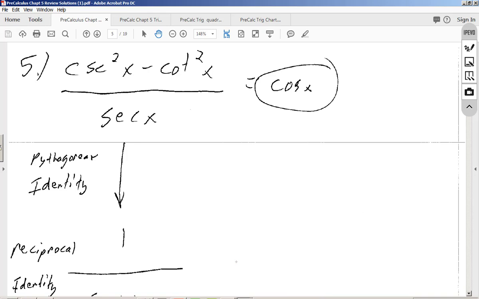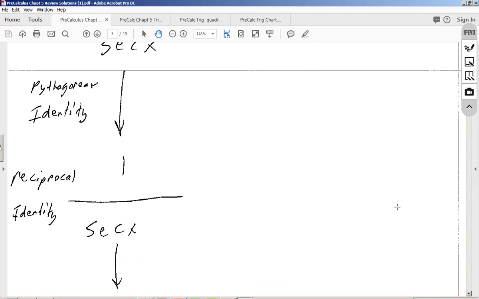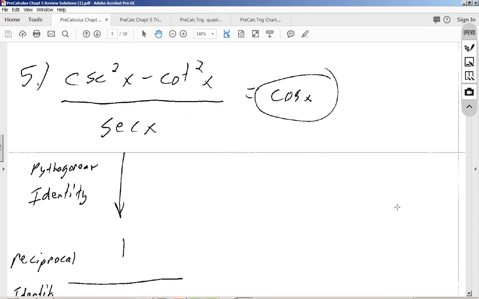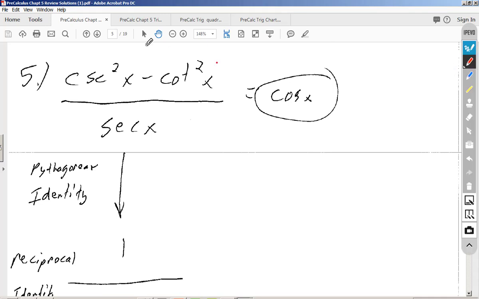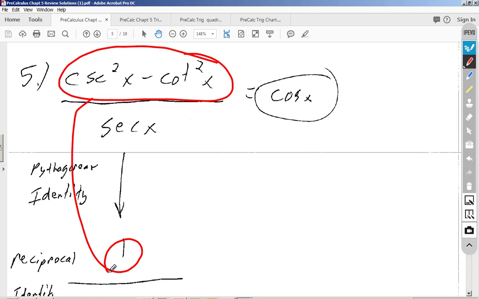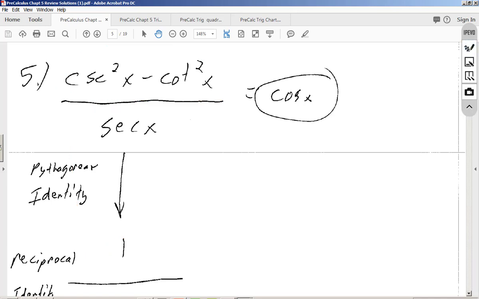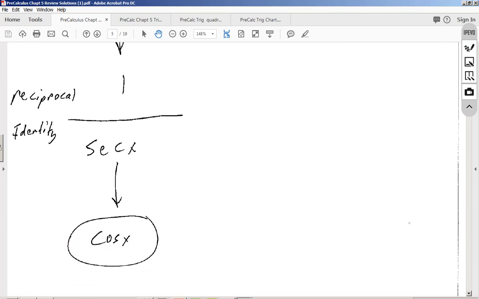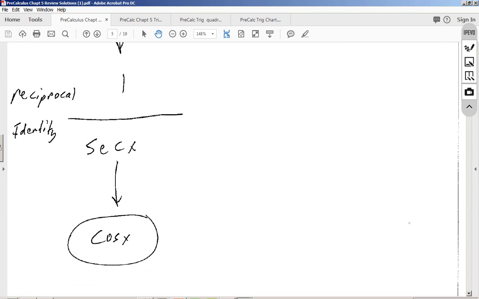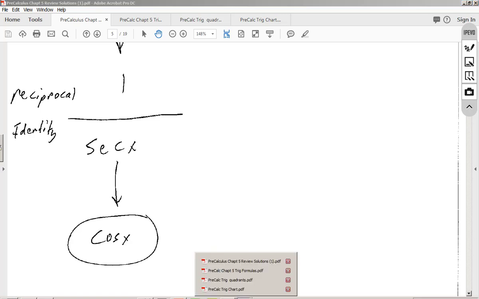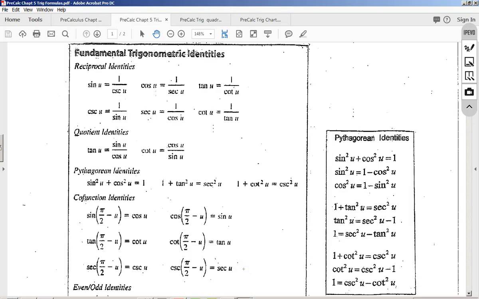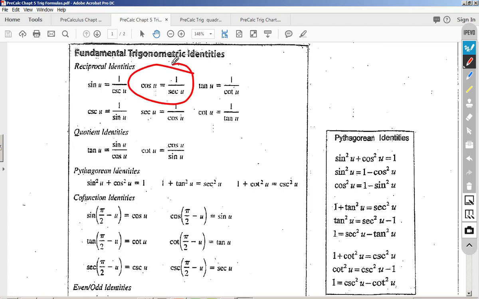So notice right here, I go and mention that fact. It's a Pythagorean identity. So here's my Pythagorean identity right here. That just becomes 1. So now I'm just left with my equation, 1 over the secant of x. And 1 over the secant of x, if you look back on your formula sheet, is equal to the cosine of x.